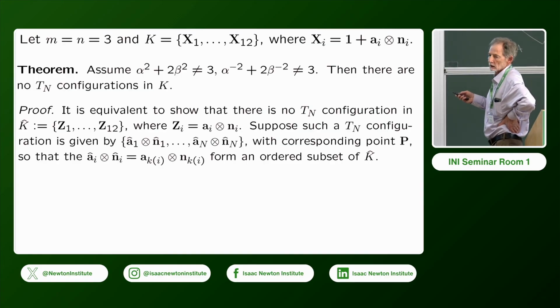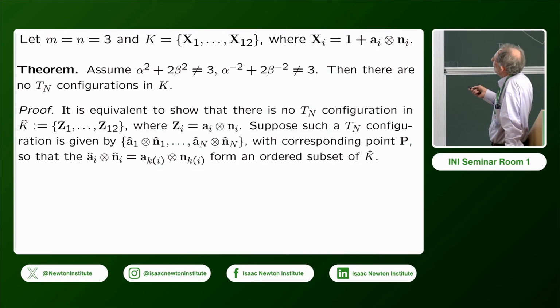So it's equivalent to show that there's no Tn configuration in the set K hat. So let's get rid of the identity just by subtracting off x from everything. Right? So it's equivalent to show that if I let Zi be Ai tensor Ni, then there's no Tn configuration in K hat. Well, suppose that there was such a Tn configuration, then it would be some ordering of things from Ai tensor Ni.